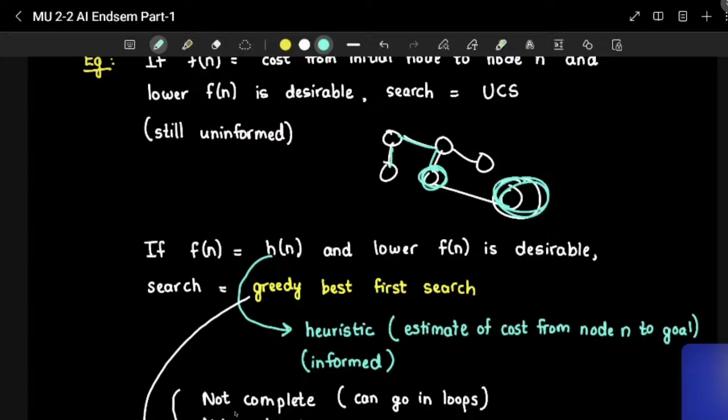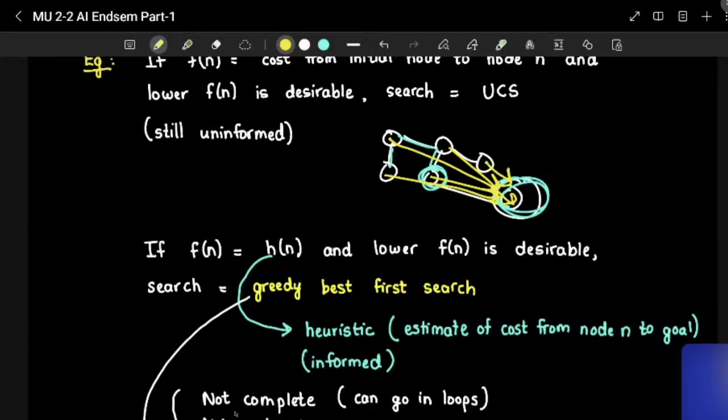For example, in this search tree, how can I provide an estimate? What I can do is I can find out the straight line distance. So I can find out what is the straight line distance from this node to the goal node, from this node to the goal node, this node to the goal node. So I can provide heuristics for every single node.